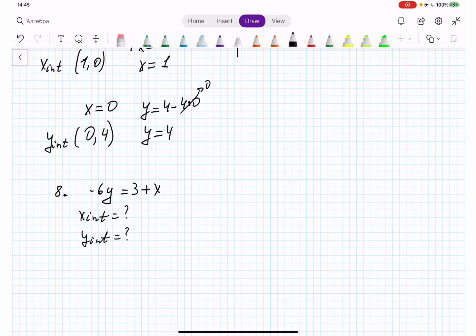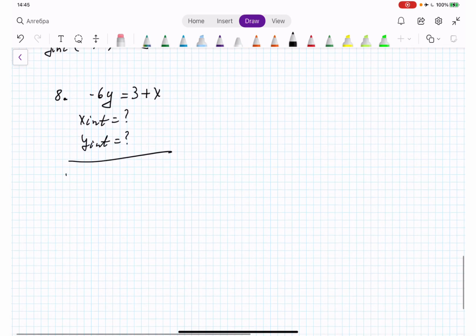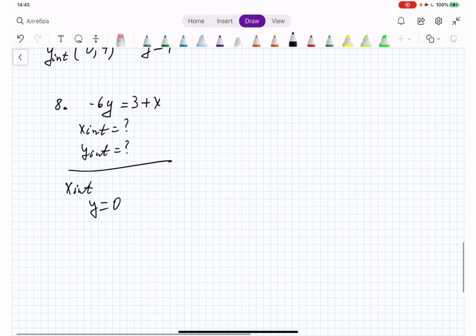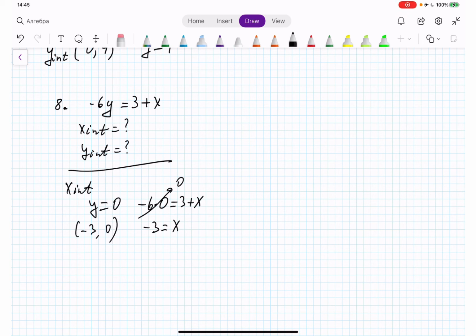Again, for the x-intercept, we take y equal to 0. And we get negative 6 times 0 equal 3 plus x. This is equal to 0, and we move 3 to this side. Negative 3 is equal to x. So we get negative 3 and 0.